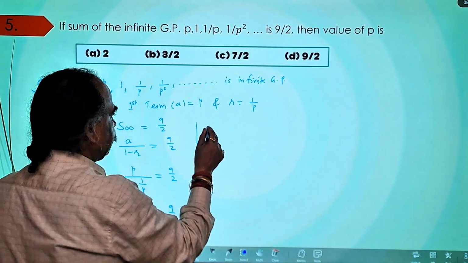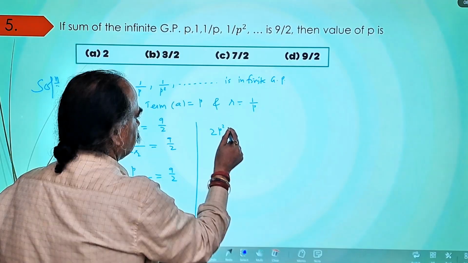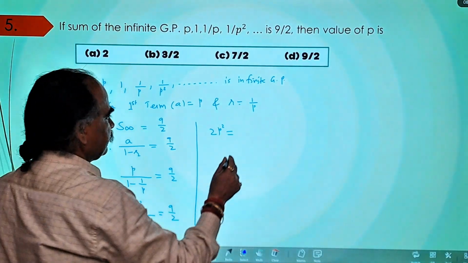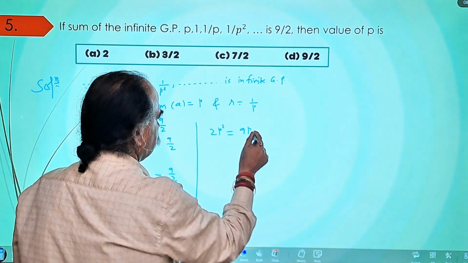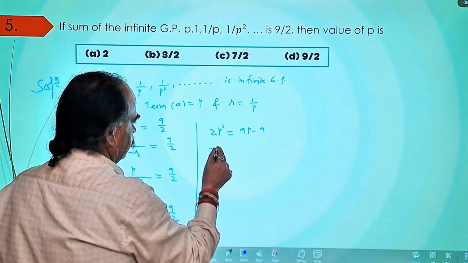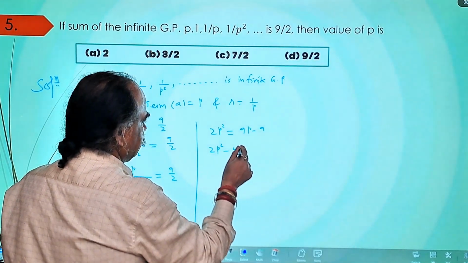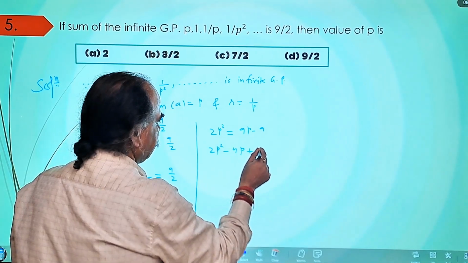Cross multiply. So 2p square is what? 9p minus 9. 2p square minus 9p plus 9 is equal to 0.